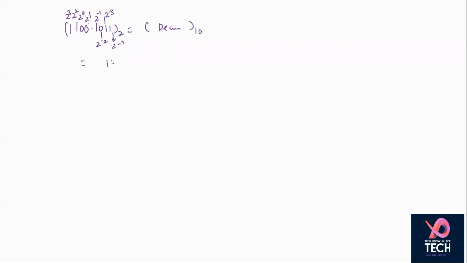So this comes out to be 1 into 2 raised to 3 plus 1 into 2 raised to 2 and 1 into 2 raised to minus 1 plus 1 into 2 raised to minus 3 plus 1 into 2 raised to minus 4. So you end up with 8 plus 4 plus 1 by 2 plus 1 by 8 plus 1 by 16.